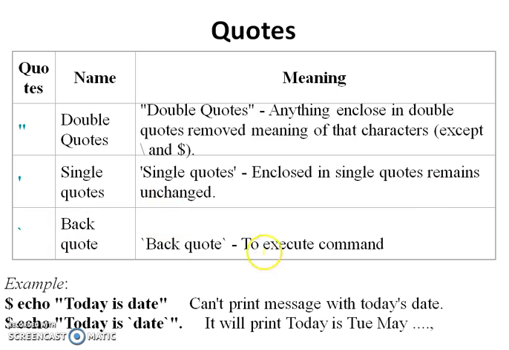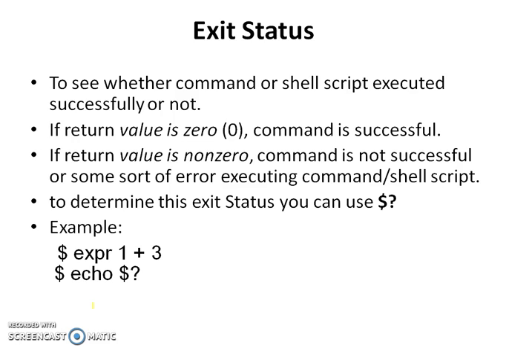Back quotes are used to execute the command. For example, if you say echo today's date, it will give the output as written text and will not show today's date. But if we include date within back quotes, then it will show you today's date.